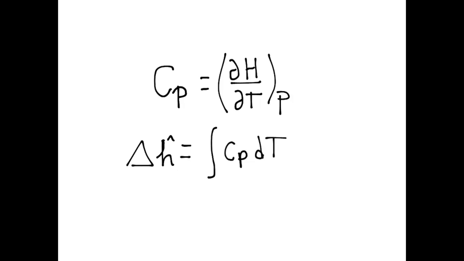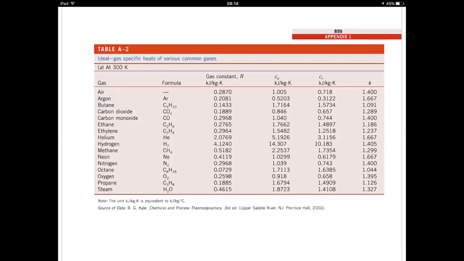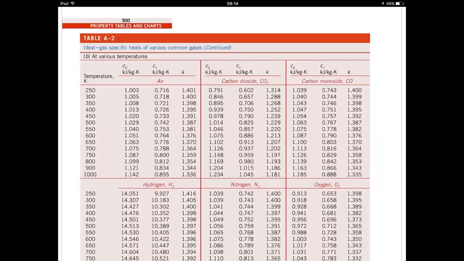Where can we get values of Cp? Well, table A2 gives us values of Cp, but this is at 300 Kelvin. Since Cp is changing with respect to temperature, we can have reported Cp's at various temperatures.